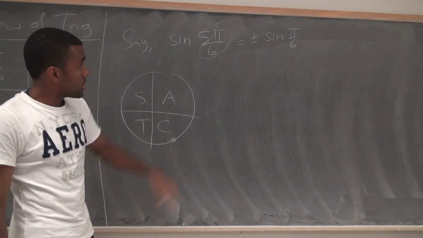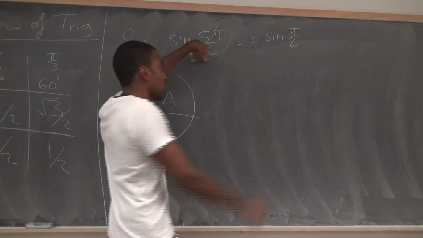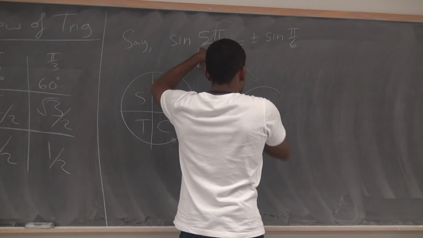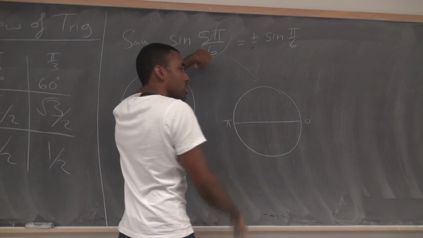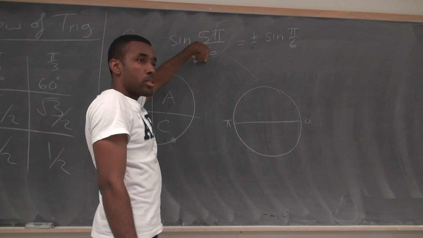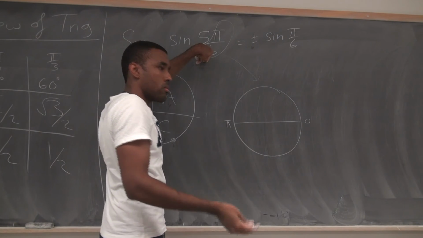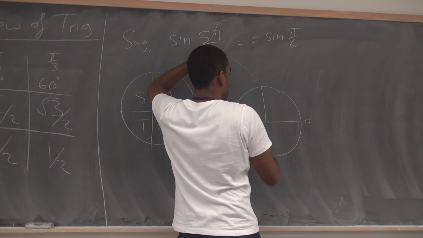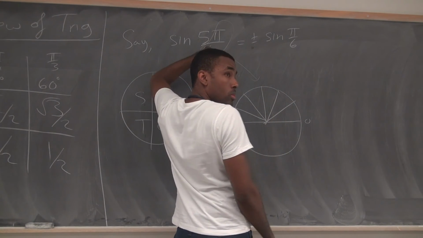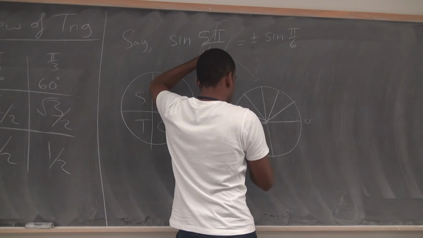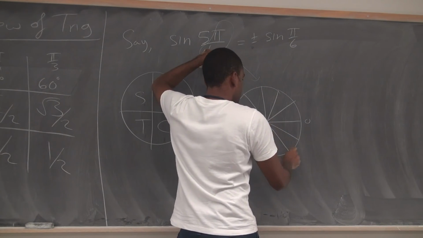So basically what happens is when you see something like pi over 6, you go to the unit circle again, cut it in two, here's 0, here's pi. Pi over 6 means you divide pi into 6 pieces. So I take the top half, cut it in half, and then cut each half in 3. Do the same thing here.